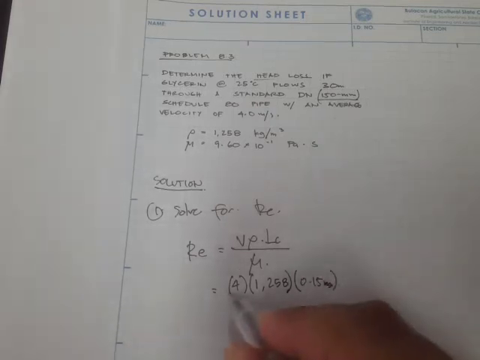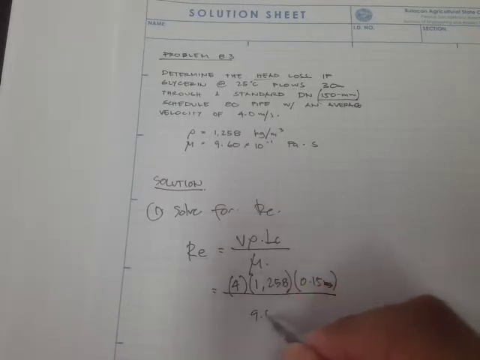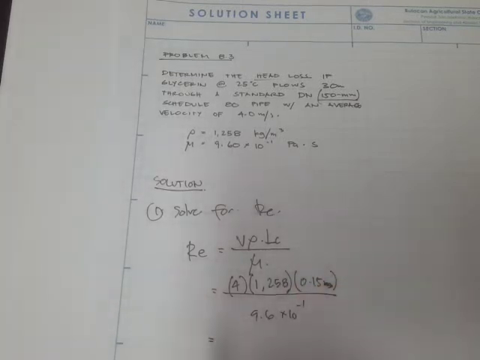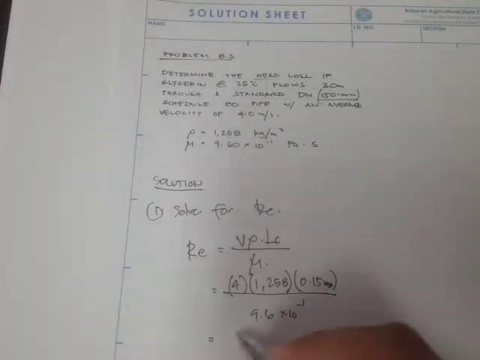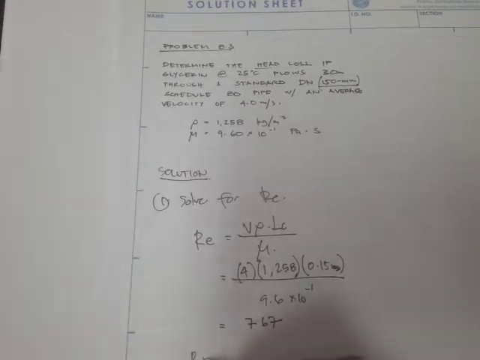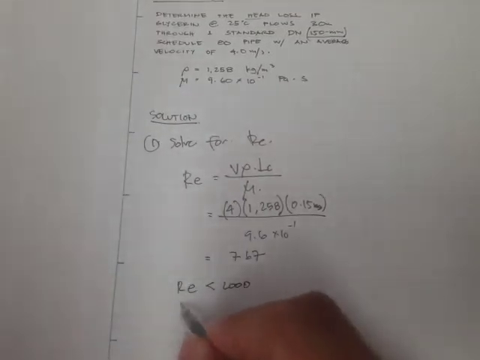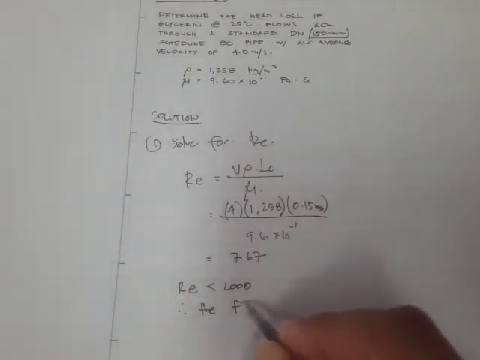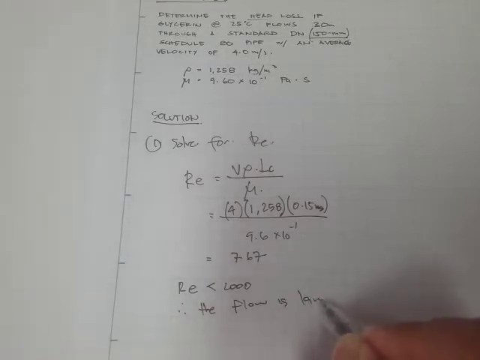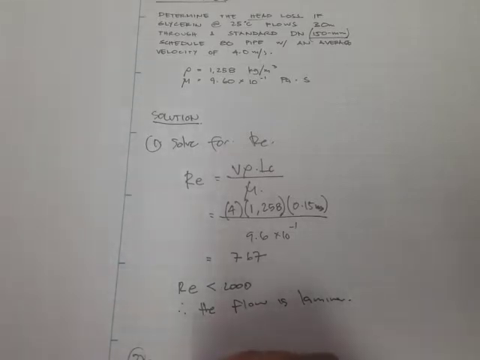Okay, so I'm going to do that for the units, and this one is 9.6 times 10 to the negative 1. Okay, and that's going to be 767. Therefore, since Re is less than 2000 or 2300, depending upon our reference text, then therefore the flow is laminar.